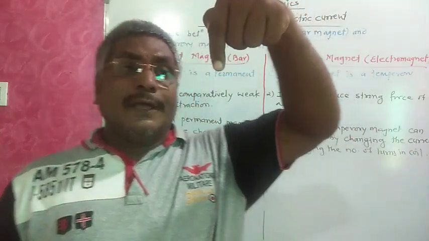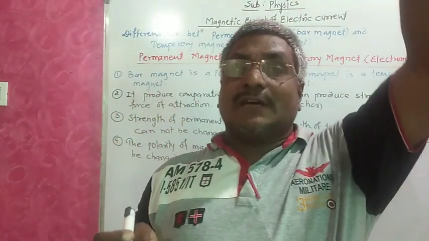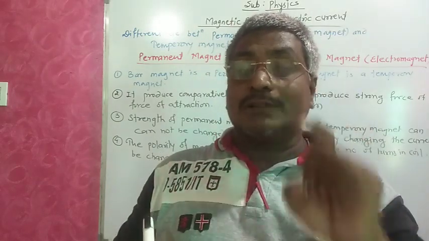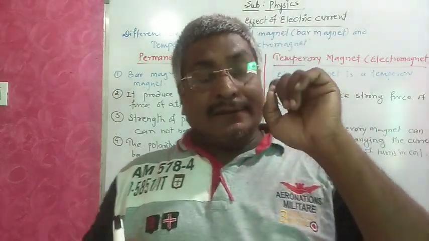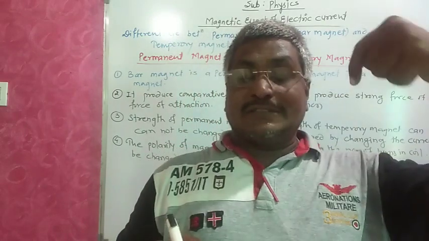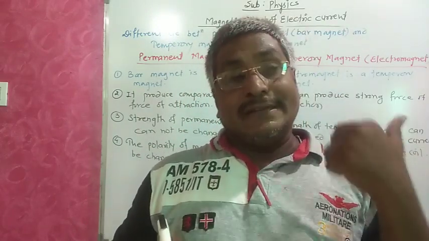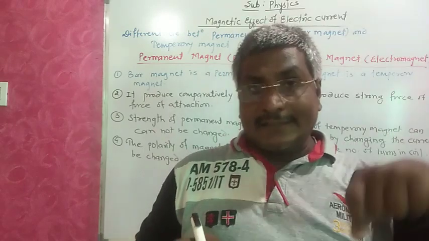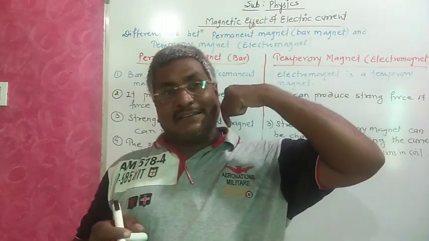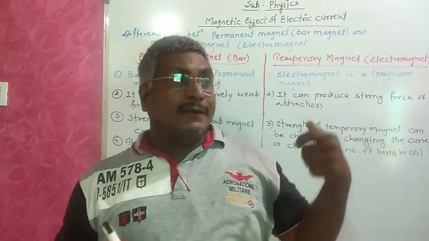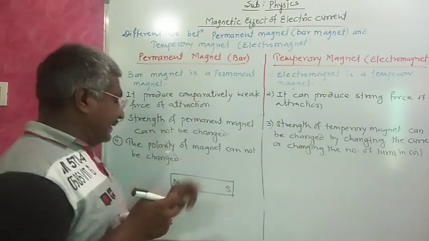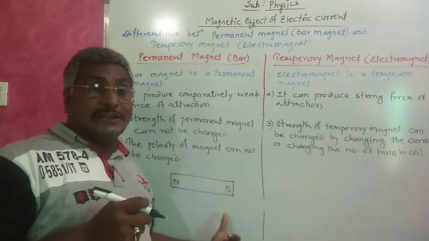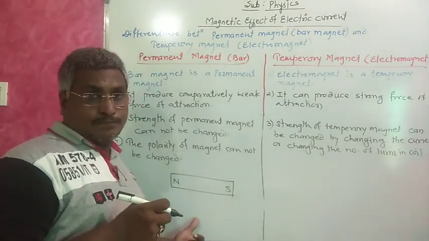Whatever pole settles towards the north direction, that pole we call the north pole. And the pole of the magnet which settles towards the south is the south pole. So according to the north-south direction on the earth, in the permanent magnet the poles are set. We cannot change those poles.